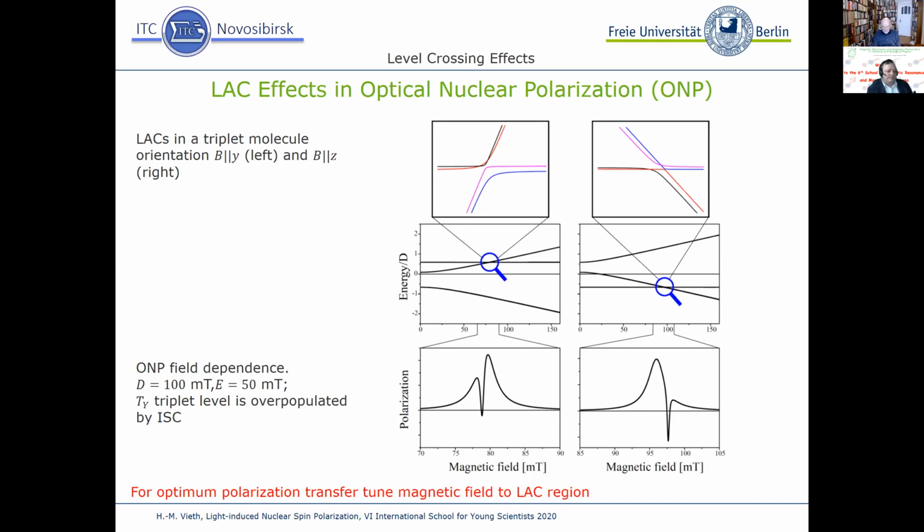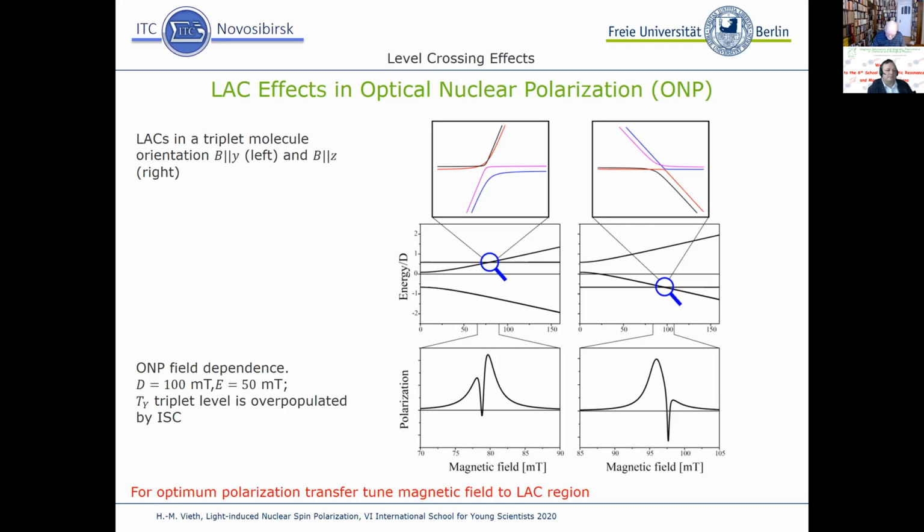Okay, the zero field splitting tensor is mainly for this selective polarization of the electronic spins.